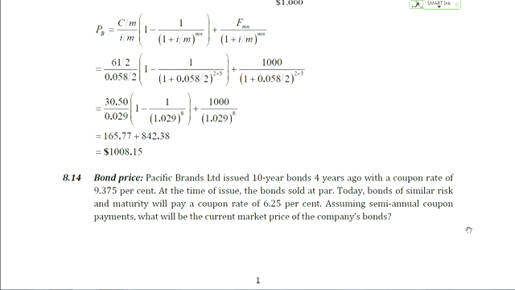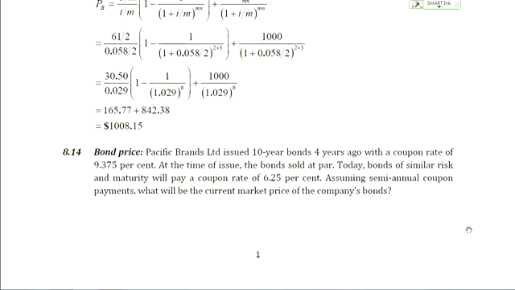So now we are looking at question 8.14. So we are going through that together, and then you can do the calculation yourself. So Pacific Brand Limited issued 10-year bonds 4 years ago. What does it mean? What would be the remaining maturity? 6 years. Okay? So if you want to draw the timeline, make sure that you draw it, okay, it was issued 4 years ago.